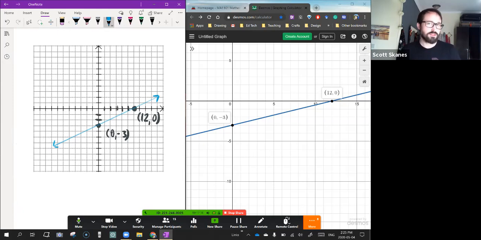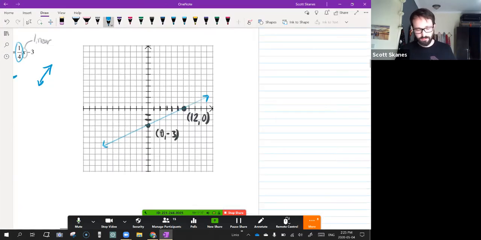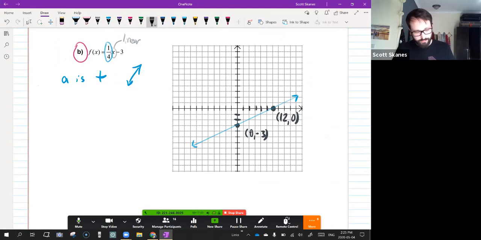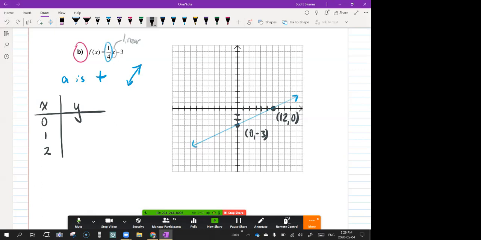You can, of course, sketch these using a table of values if you want to. What I mean by that is, you could set up x and y and just try a couple of points like 0, 1, 2, put all those numbers into this function. Putting in 0, we get negative 3.